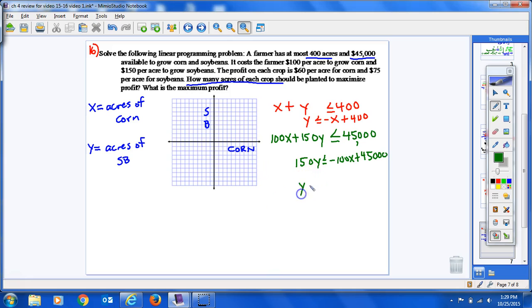That gives me y is less than or equal to negative 100 over 150 x. You can think of that as, well, 50 goes into both: 50 goes into 100 two times, and 50 goes into 150 three times. So that reduces to negative 2/3. And if you divide 150 into 45,000, you should get 300. Again, you'll have your calculator available for this test, so I wouldn't worry too much about working with these big numbers.